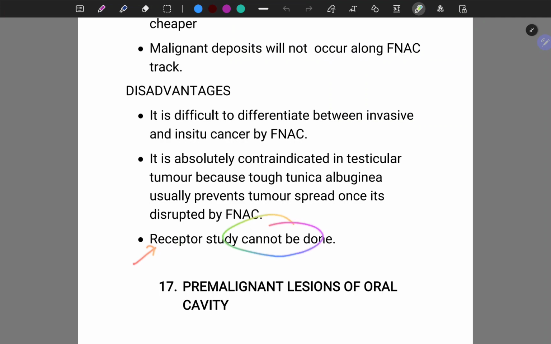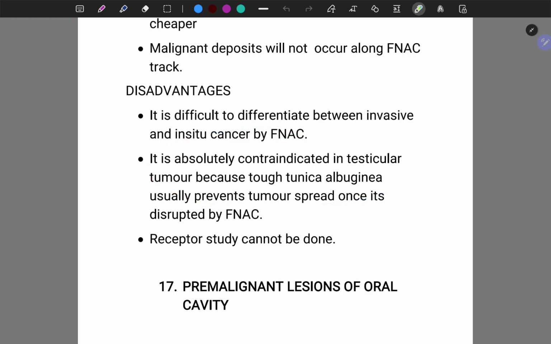Receptor study cannot be done. We can't perform immunohistochemistry, and we can't differentiate between follicular adenoma and follicular carcinoma. There is one catch: it is absolutely contraindicated in testicular tumor, right?